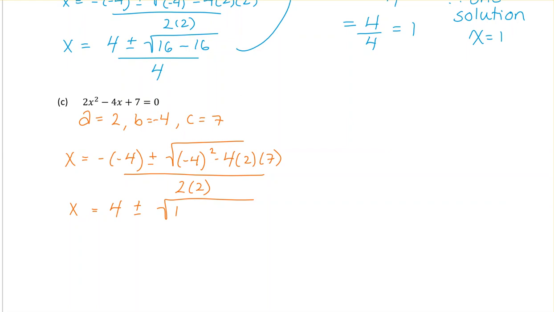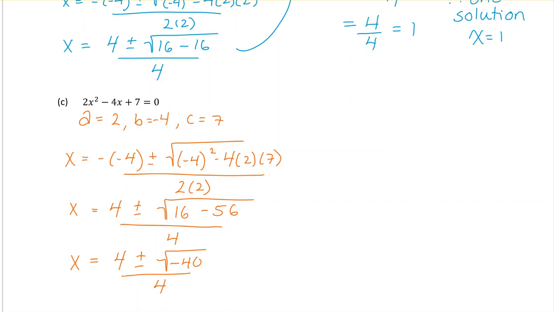Okay, and I'm going to solve 16, and then 4 times 2 times 7 gives me 56, and if I simplify it just a little bit further, I'm going to get 4 plus or minus the square root of a negative 40 divided by 4.